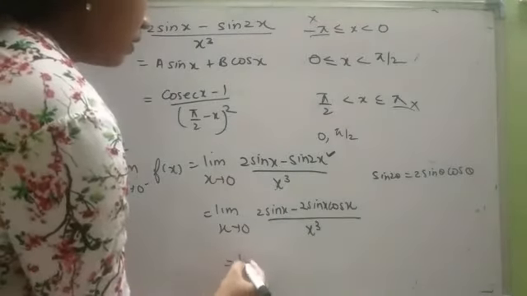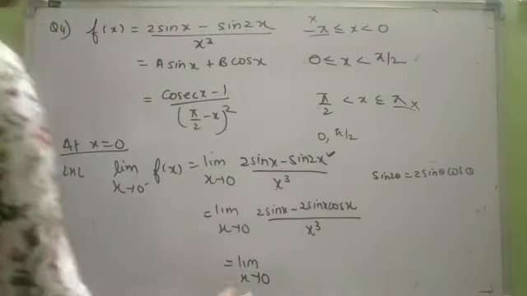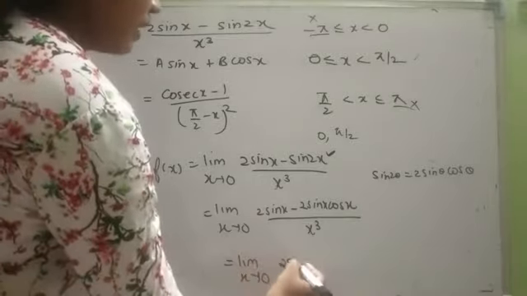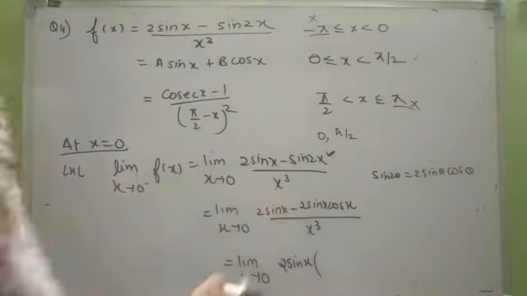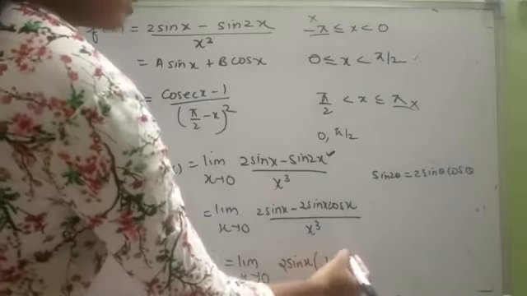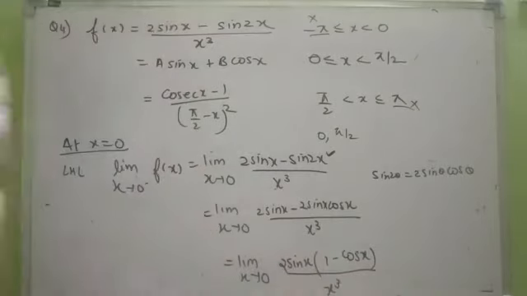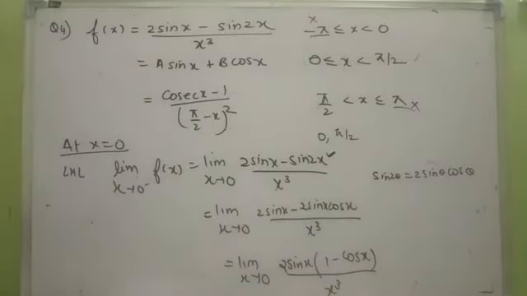Okay. So now limit x tending to 0. 2 sin x will be common in both the terms. I will take out common 2 sin x. So what is left is 1 minus cos x upon x cube. Now convert 1 minus cos also in terms of sine.